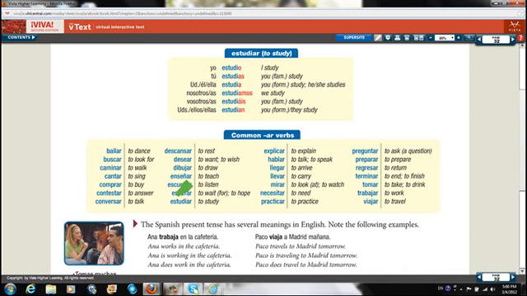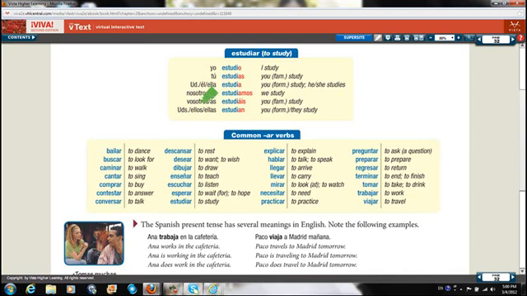Enseñar, to teach. I always use an example of a way to remember this, that you have to be to enseñar, como Juliana. Es verdad. Enseñar, to teach. How about she teaches Spanish.